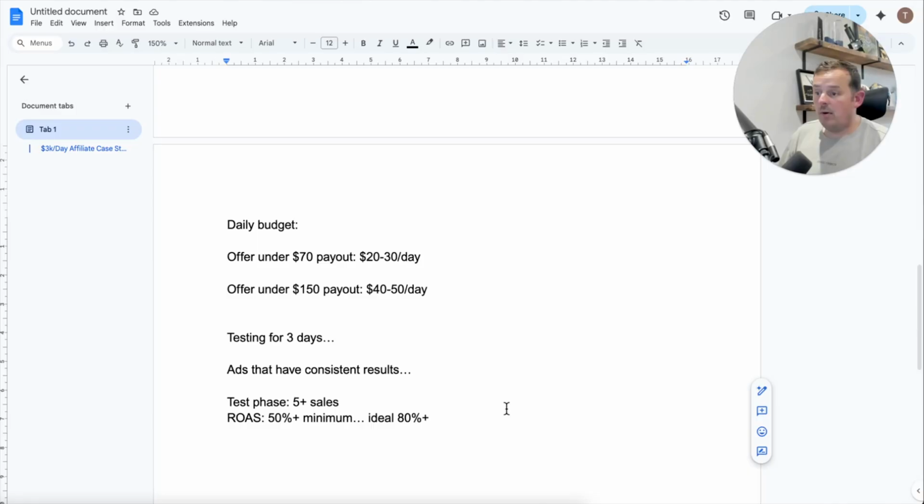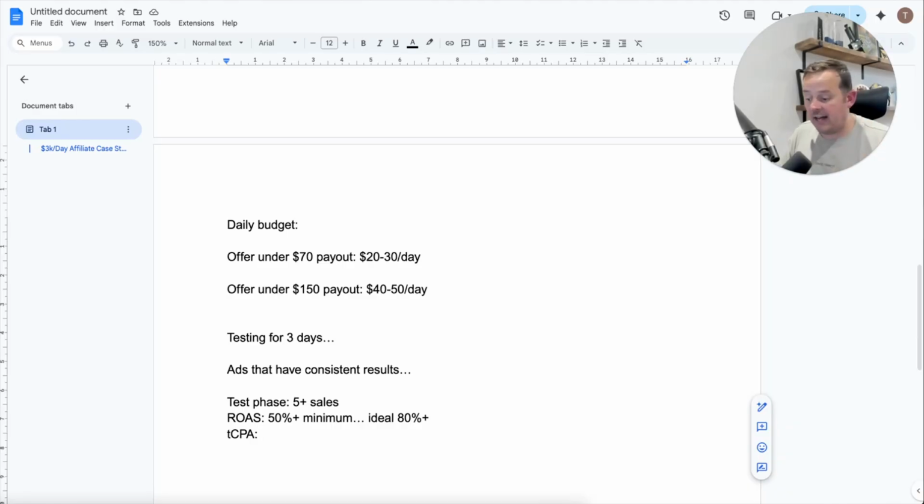Okay, so I also want to look at my CPA. That's also important. We can also gauge that from ROAS anyway, but CPA, I want it to be target CPA, okay? So we set our target CPA before we start. How much do we want to pay to get a conversion? Now, that could be at the start, it could always change, right?